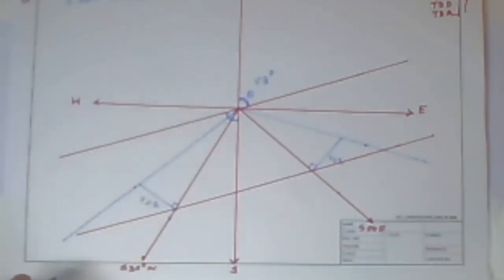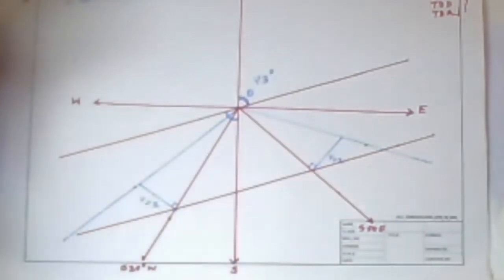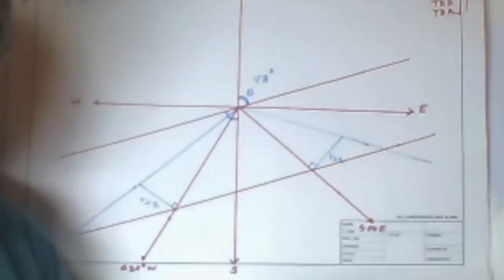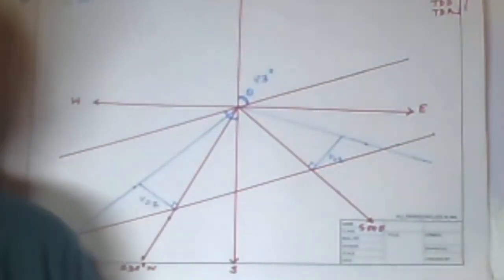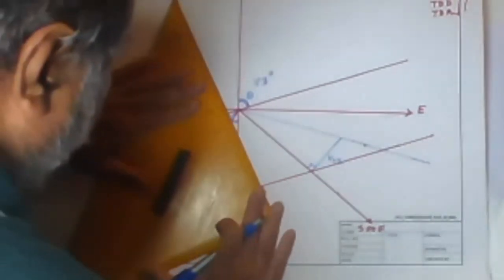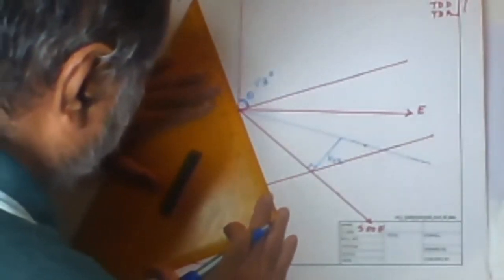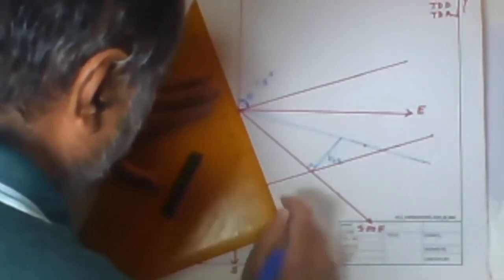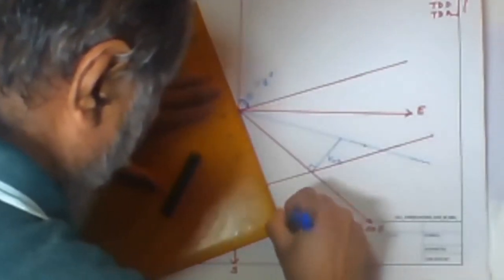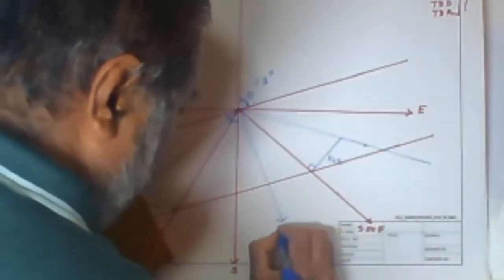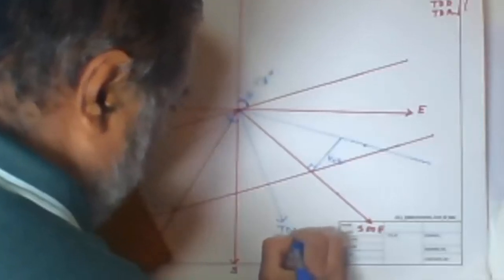Then the second one, you have to take the perpendicular to the strike from the center so that you can get the true dip direction. Perpendicular. This is the true dip direction.